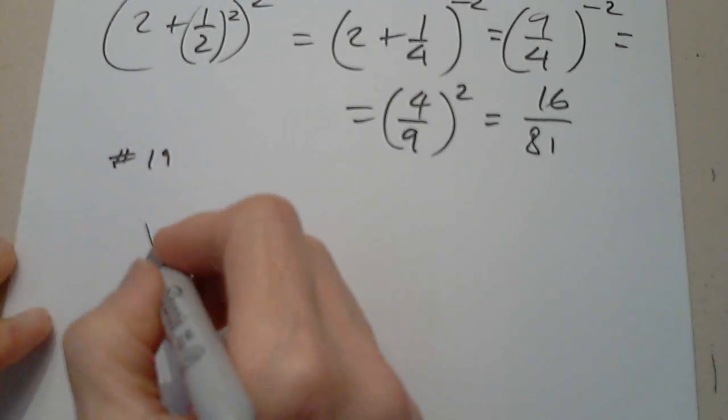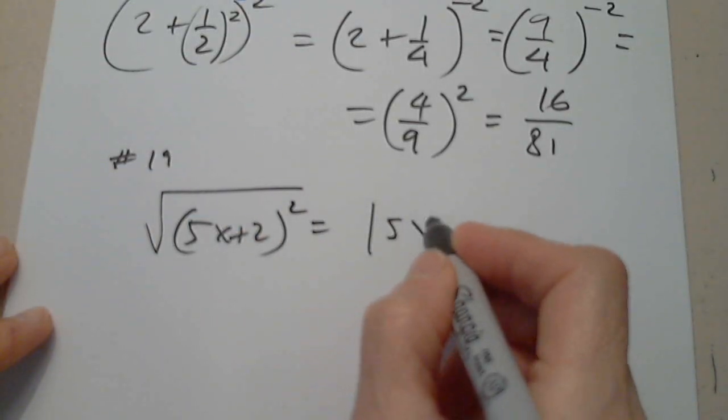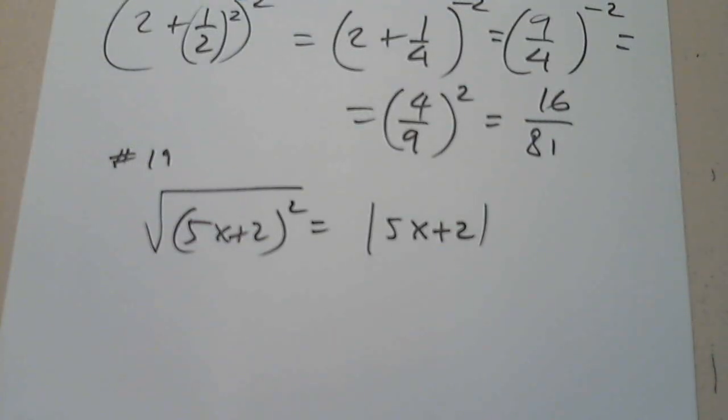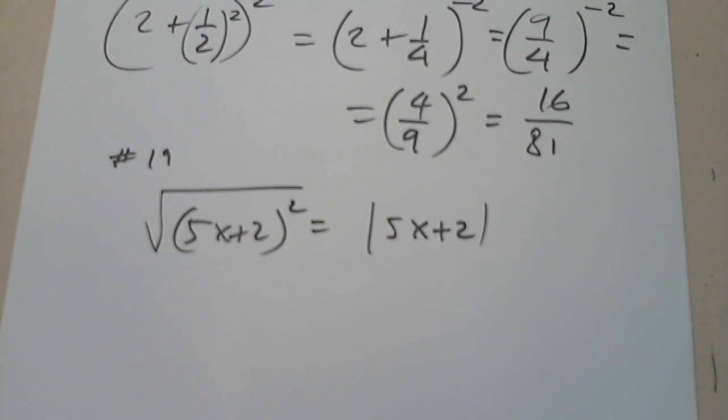The square root of 5x plus 2 squared is the absolute value of 5x plus 2 if we have no indication. If it says that everything is positive, then you don't need the absolute value. But if there is nothing specified, then you need the absolute value. And when it's an odd root, you don't need absolute value at all.